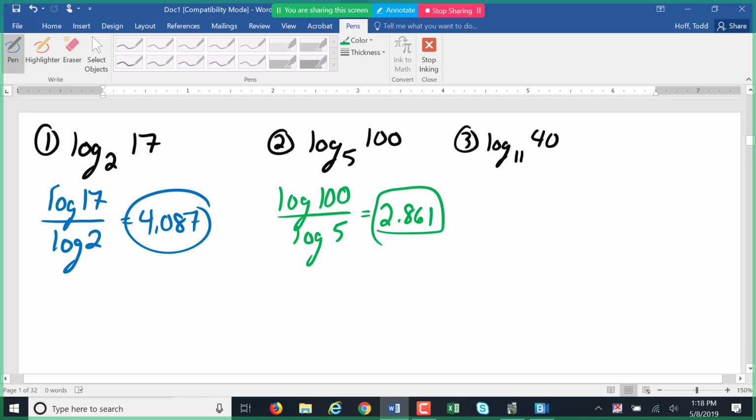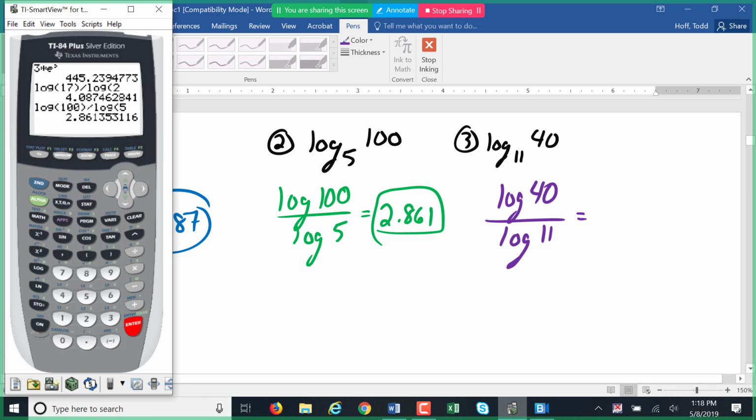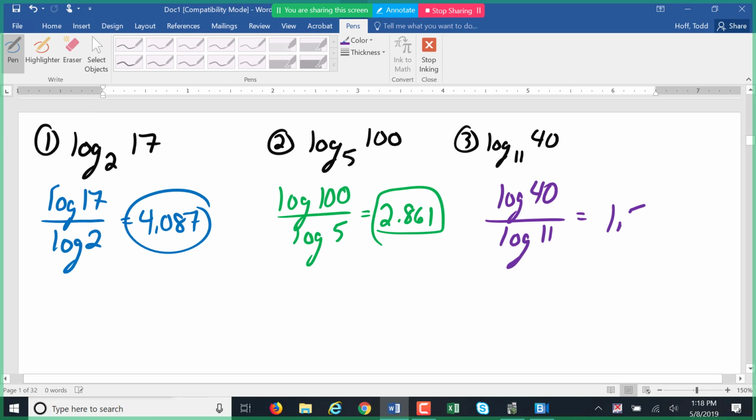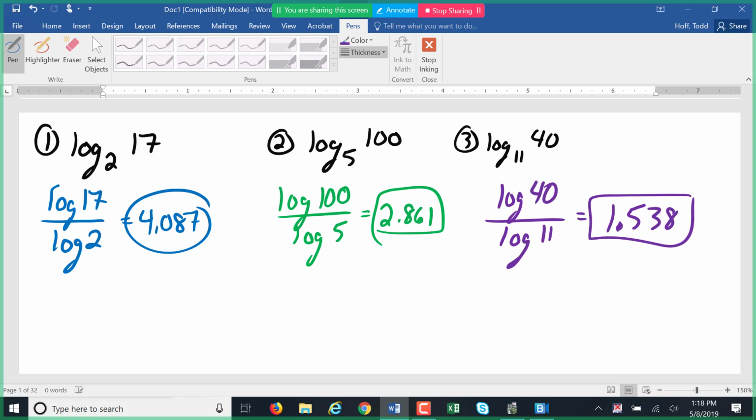And finally, the last one, log base 11 of 40. Log of 40 over log of 11. Giving us 1.538. Any questions on those?